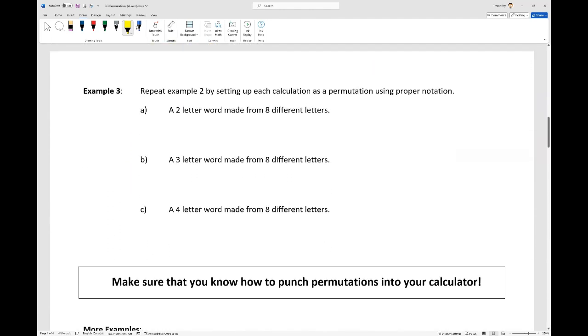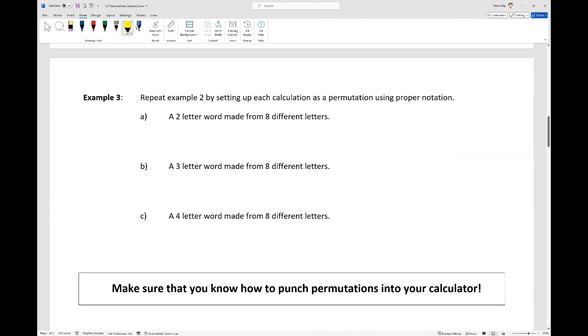But for now, let's just take a look at this. So we're going to go back and basically do the same idea as above, except we'll use the new notation. So we had 8 letters and we wanted to pick 2 of them in order. So I write that as 8 pick 2. Now in your calculator, you're going to have to play around a little bit.